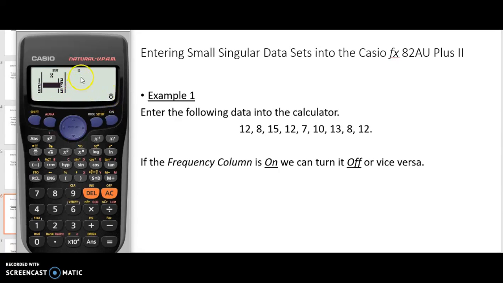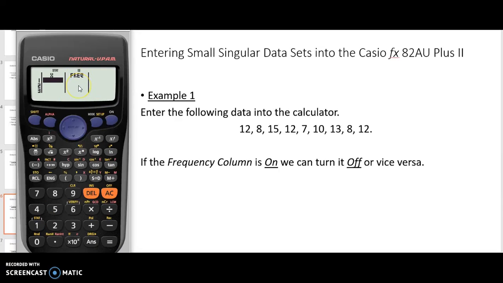But I might want a frequency column on. So if I press shift mode, I get a selection of 8 things there, but I want to actually cursor down and go into this next section here, which is stat, and I can turn my frequency column on by pressing 1, and I've now got my frequency column on.